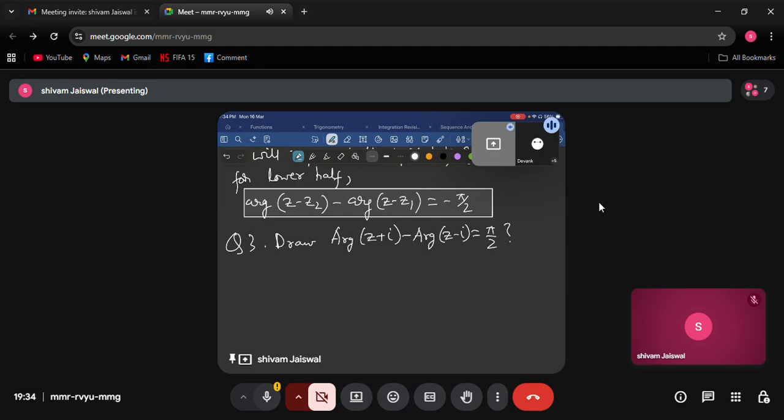Okay, I'm solving this one. Argument of z plus iota minus argument of z minus iota is equal to pi by 2.